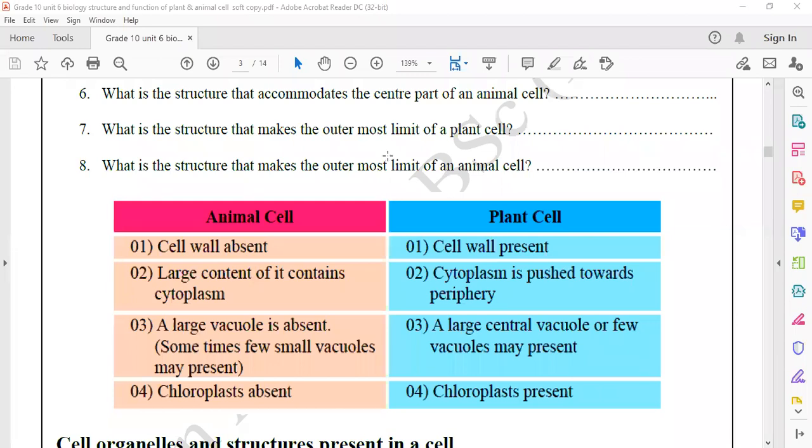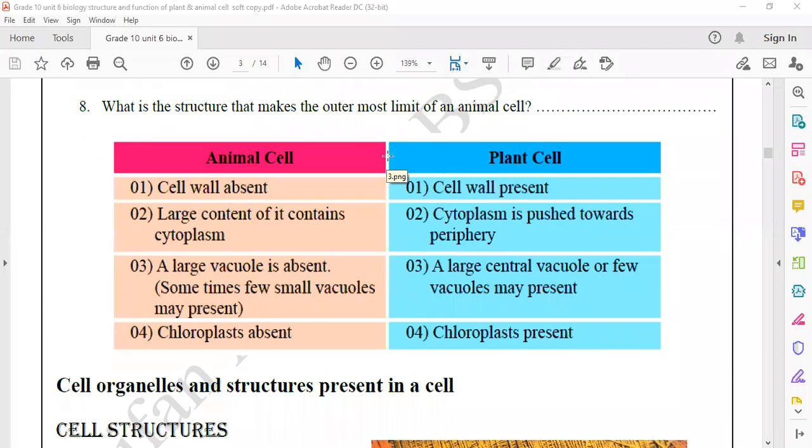Coming to the comparison between animal cell and plant cell. Right? Can you check this? Do you agree with this comparison?